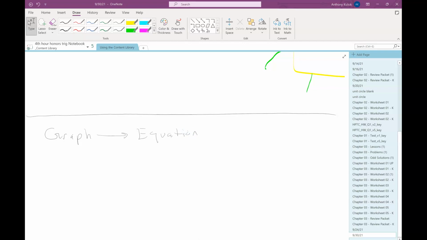So let's do one of these. Let me generate one here where you guys can't see it. Looks like a good one. And I'm going to put the grid back on this, so that it's a little bit easier to tell where the intersections are.